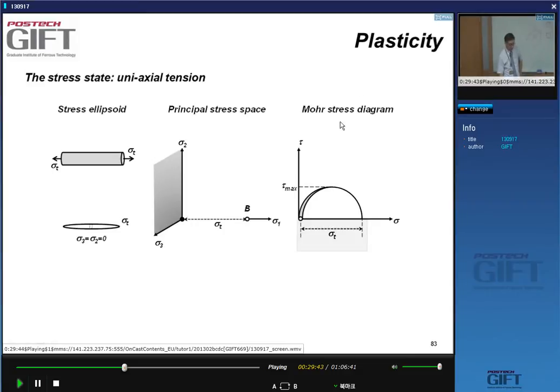And in the Mohr stress diagram, I have a large principal stress equal to sigma t, and the two other principal stresses are 0. So they're here at the origin, and they're 0, so they should fall on each other.